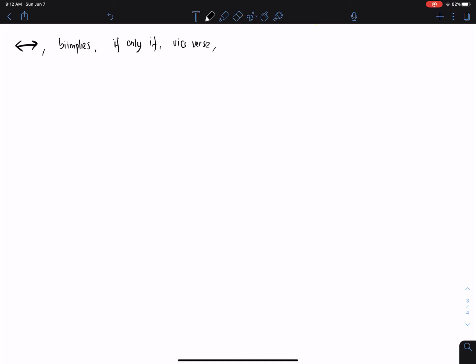Also we can say that Biimplies is just the same with, if we have two statements, for example, P implies Q, so it will be equivalent with P implies Q and Q implies P.